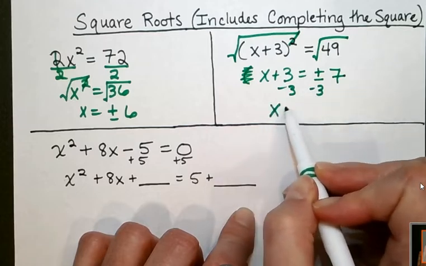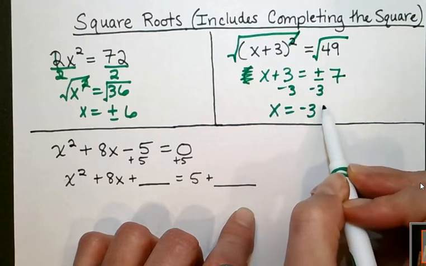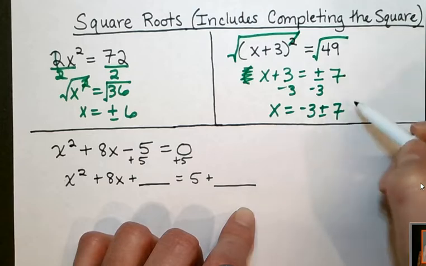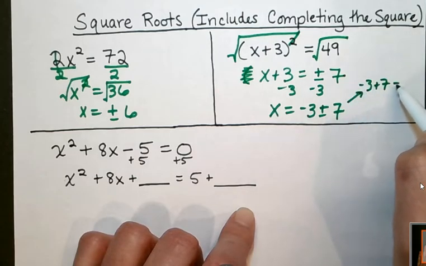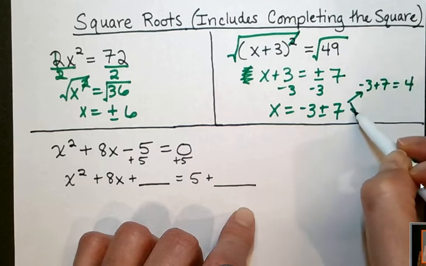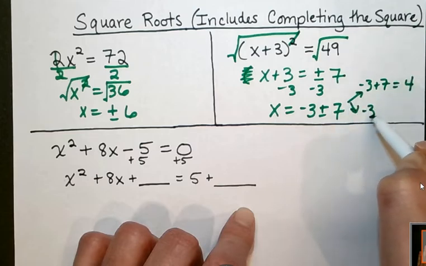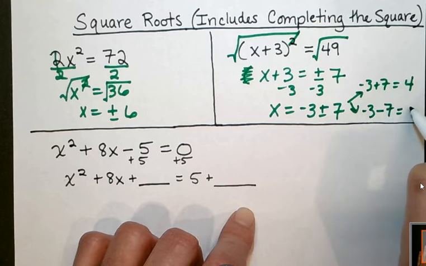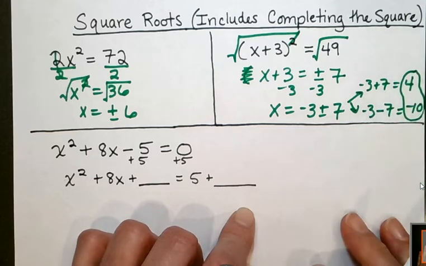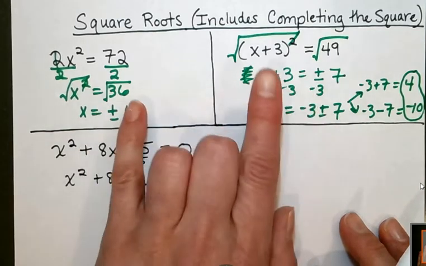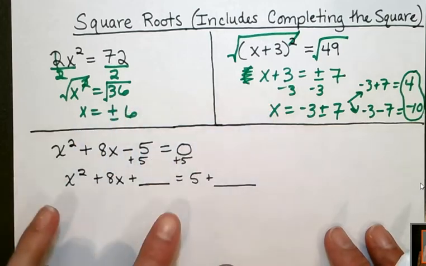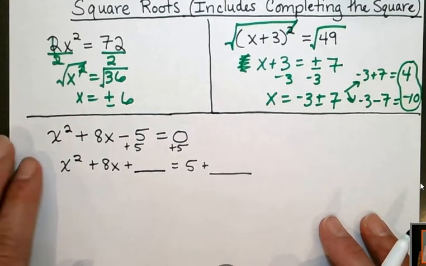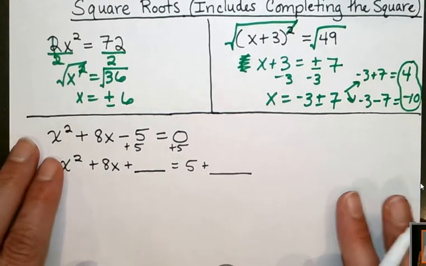So that's going to give us x equal to negative 3 plus or minus 7, which means we'll have negative 3 plus 7, which is going to give us a positive 4. And we have negative 3 minus 7, which is going to give us a negative 10. So those are our two solutions. Okay, so here we just use square root, nothing fancy. Down here, we're going to start reviewing some problems where we will have to complete the square.